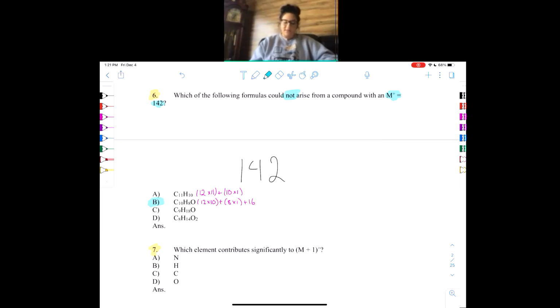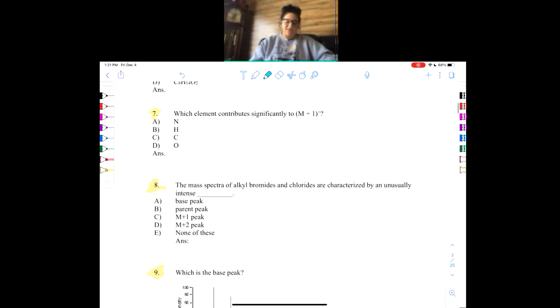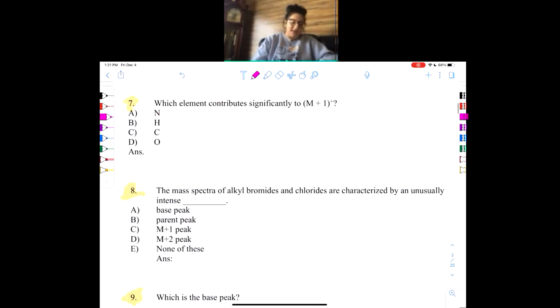All right. So which element contributes significantly to the M+1 peak? So let's review. What is the base peak? Base equals tallest. Sweet. What is the molecular ion?